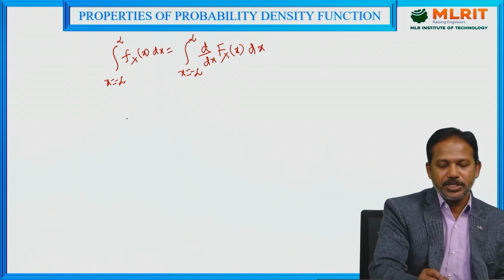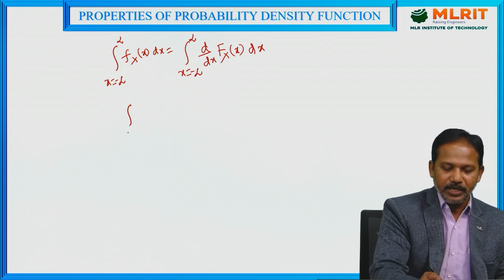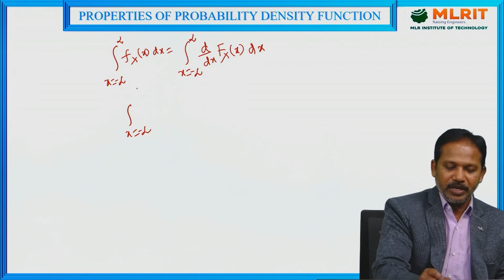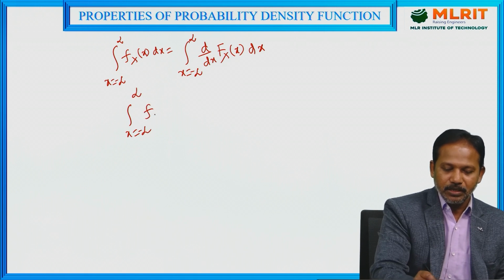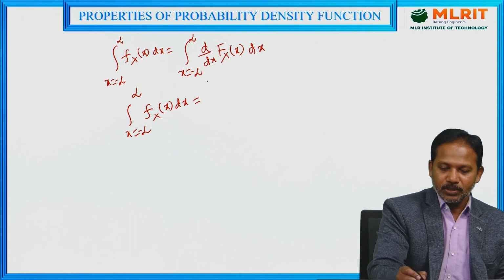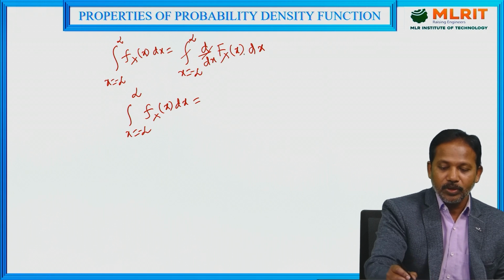There is no change in the LHS, that is the integral from x equal to minus infinity to plus infinity of the density function small fX(x) dx equal to, here the differentiation and integration both cancel, but I need to substitute the upper limit and lower limit instead of x.